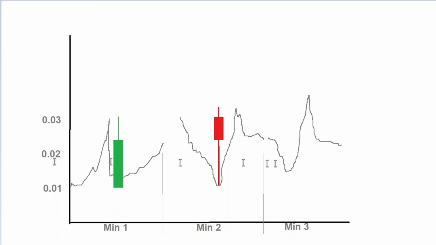How about minute 3? Here we have something that opened at this point. Its low was here for the minute, its high was here, of course, and the close is pretty much the same as the open. I know it's a little lower, but let's call it the same for our example.